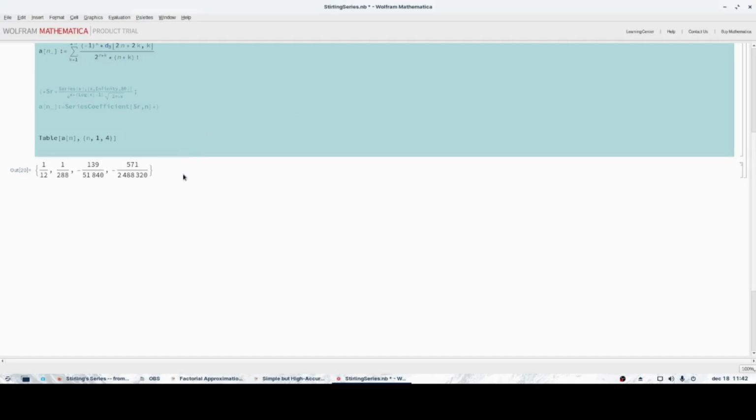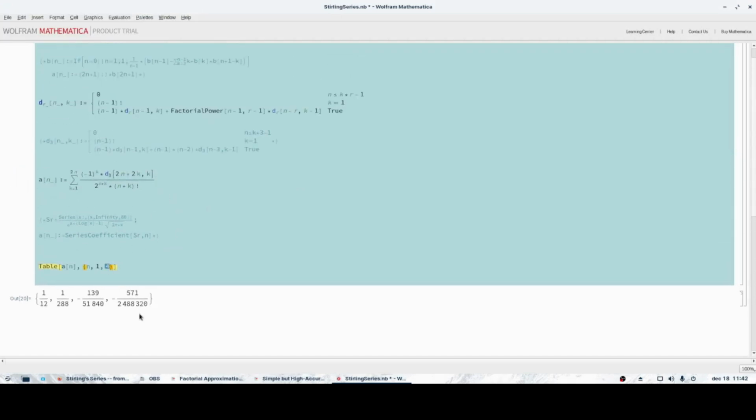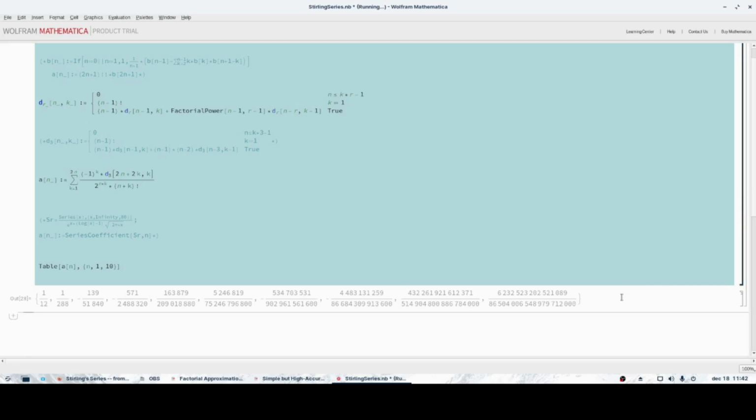And the big problem is that if you want to compute more elements, for 6 it's working, maybe for 8 it's working, but if you want to compute 10 elements, it starts to compute and think.